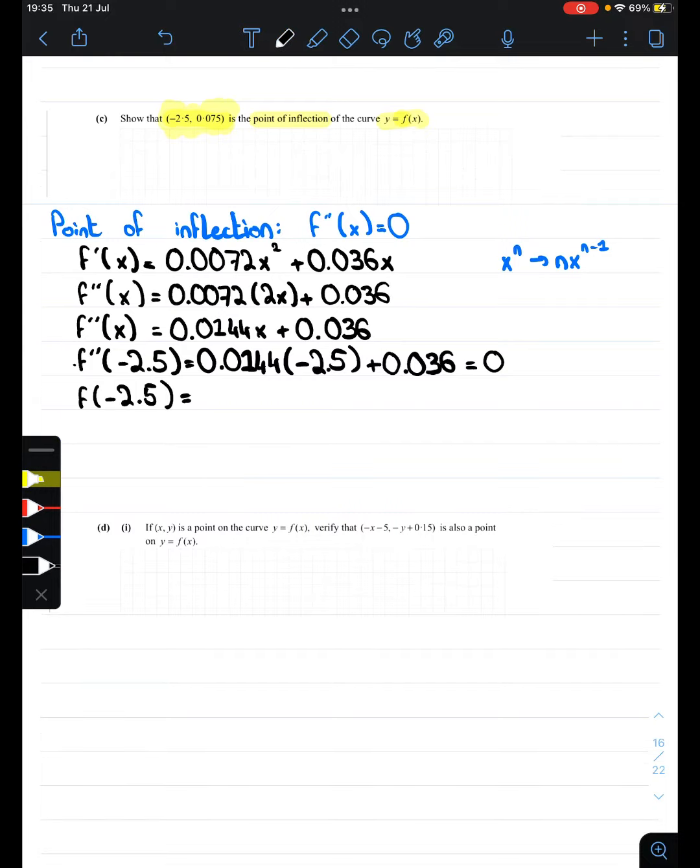It equals 0.0024 by -2.5 cubed plus 0.018 by -2.5 squared. And this does in fact equal 0.075.